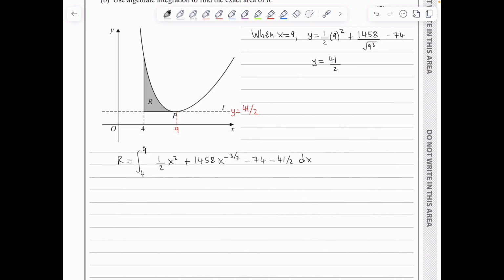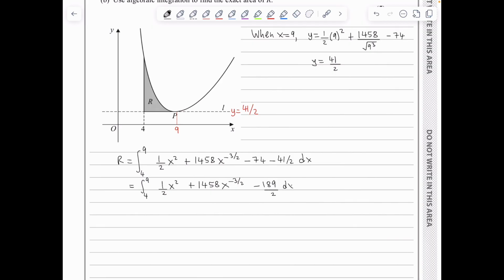Before I proceed with integrating, I will simplify the expression. So this is the integral from 4 up to 9 of a half x squared plus 1,458 x to the minus 3 over 2 minus 189 over 2.